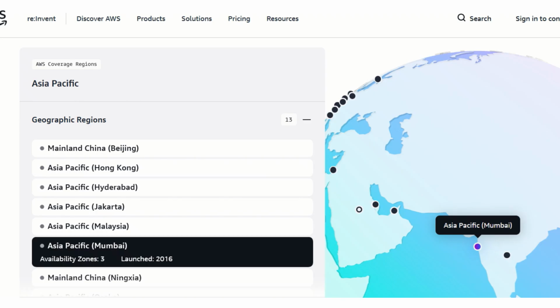Each will have dedicated power, cooling system and server racks, so that if one of the availability zones goes down, the others will back it up. That's the reason the availability zone is providing the resiliency.